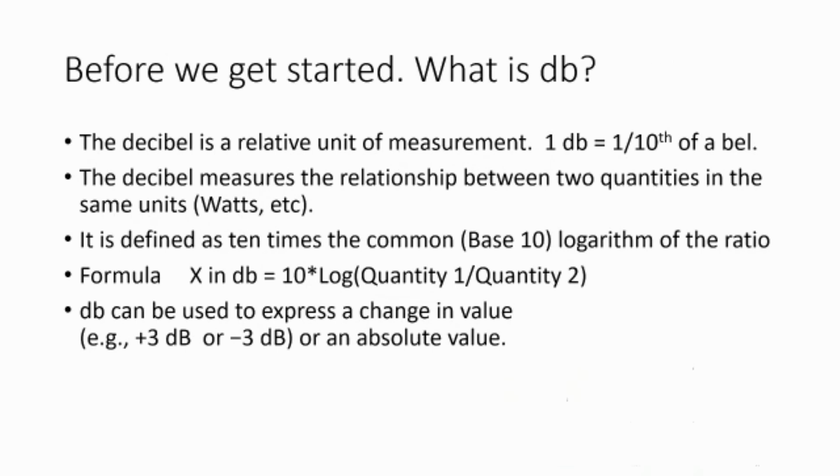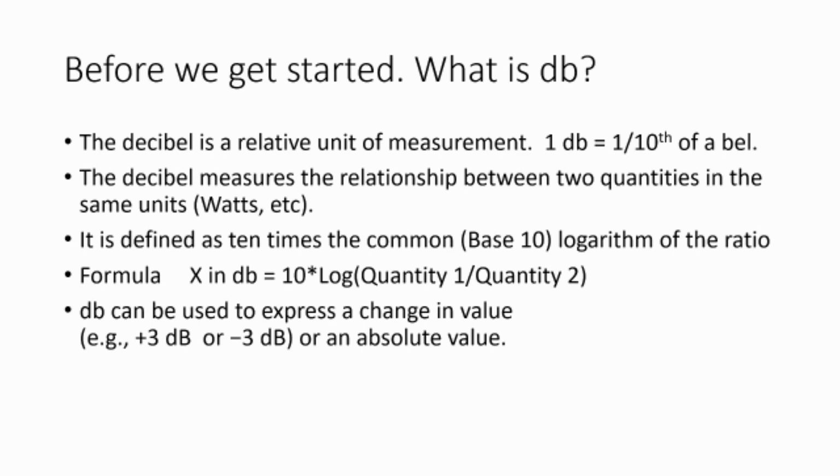So before we get started, what is the dB, the decibel? The decibel is a relative unit of measure. 1 dB equals 1/10 of a bel. And the decibel measures the relationship between two quantities in the same units, so, for example, watts or milliwatts in the case of amateur radio.